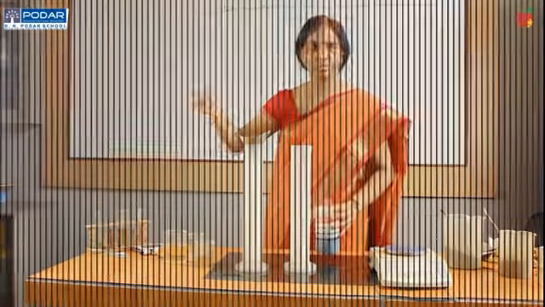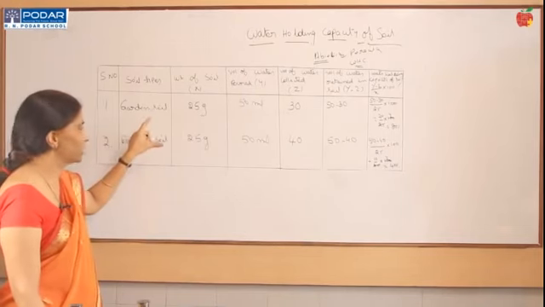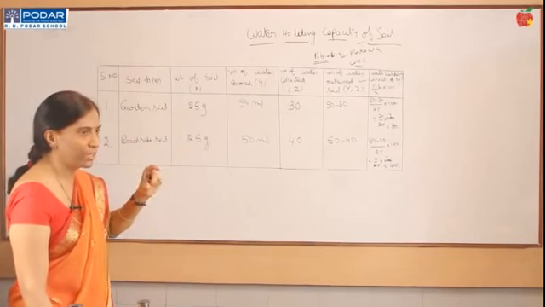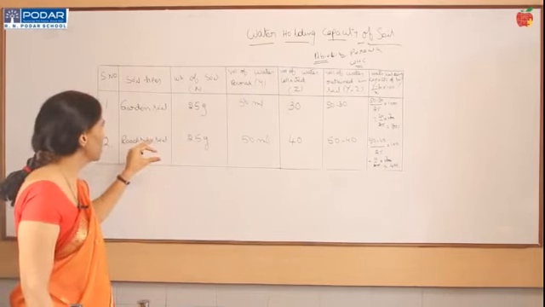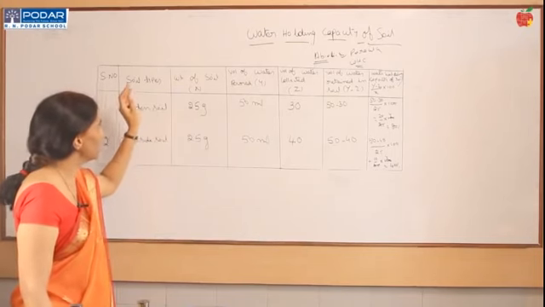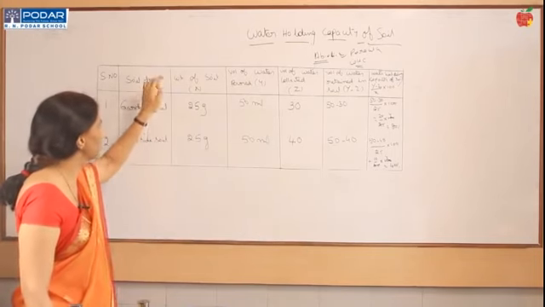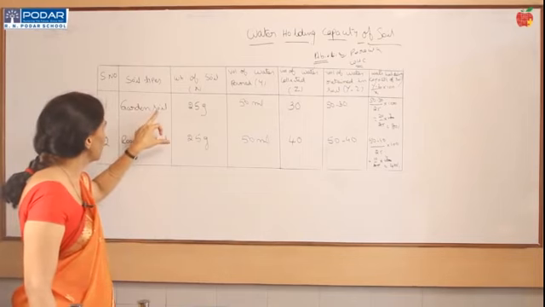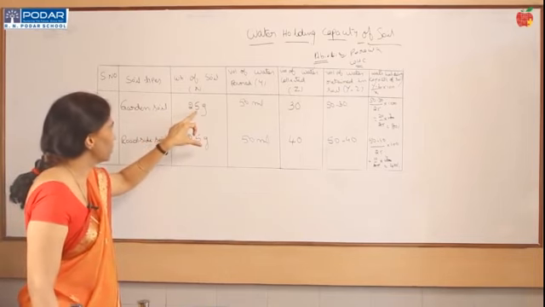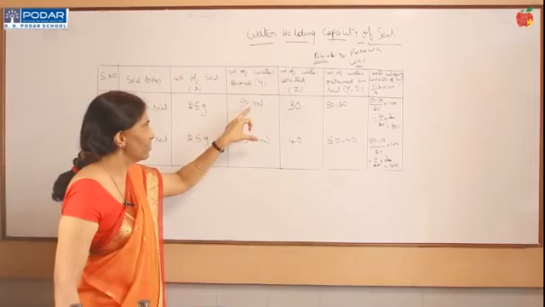That is the conclusion. As we have done the experiment with the help of measuring cylinders and two types of soil, let us see the observations. These are the results. Garden soil: 25 grams of soil taken and 50 ml of water poured.